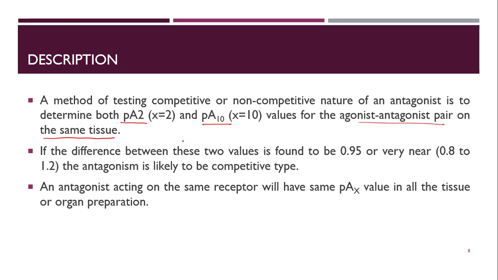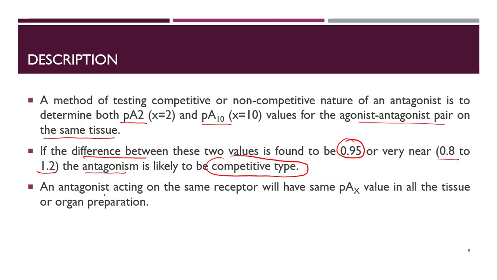Once we carry out both experiments on the same tissue, if we find that the difference between these two values is 0.95, or very near, that is 0.8 to 1.2, then the antagonism is likely to be of competitive type. Otherwise, if the values lie beyond this range of 0.8 to 1.2, then the type of antagonism is non-competitive.